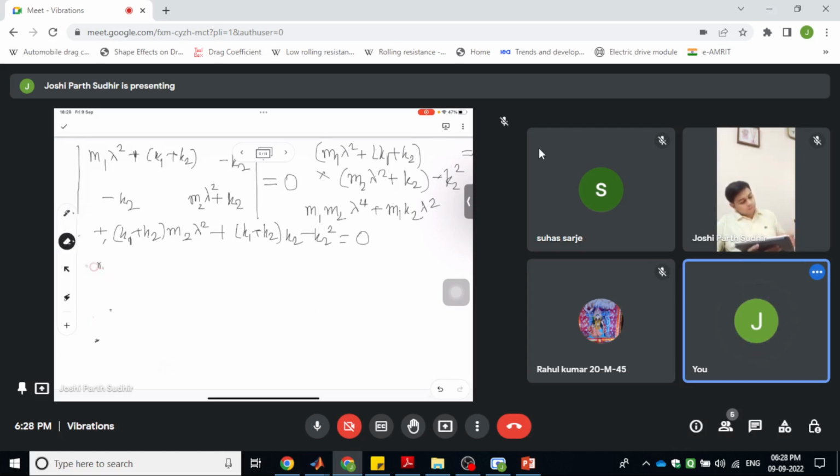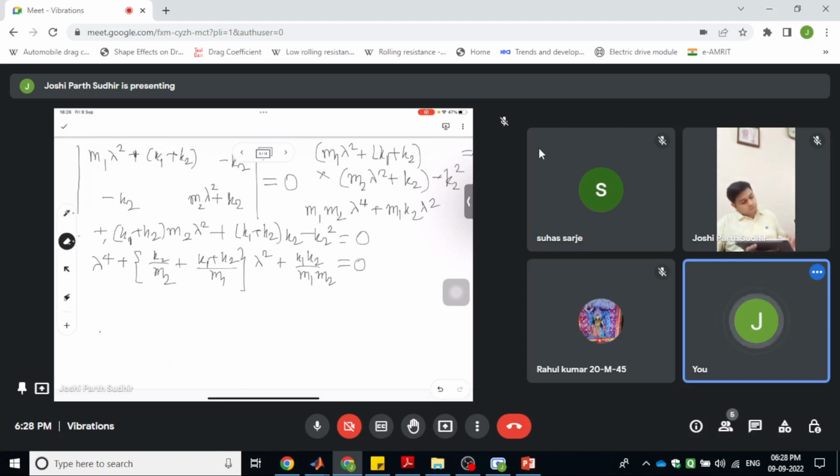If we divide both the left hand side and right hand side by m1 m2, we will get lambda to the power 4 plus (k2 by m2 plus (k1 plus k2) by m1) into lambda square plus k1 k2 upon m1 m2 is equal to 0.